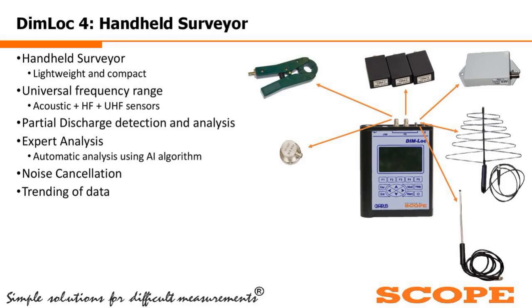And with the help of UHF, we can use it, once again, for transformer or for the GIS application. So it can be used as an overall all-in-one instrument. But here the limitation is only single channel measurement. However, it is quick, lightweight and compact.